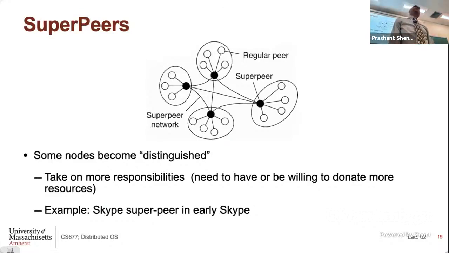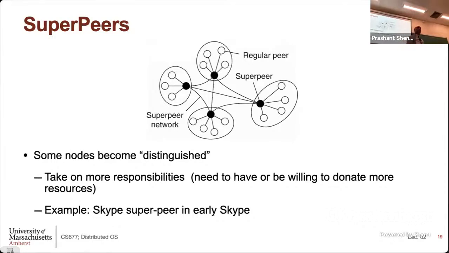The super peers were tracking where users were logged in. If you want to make a Skype call, because everything is peer-to-peer, you have to track down where your friend's machine is. In this case, the peer-to-peer system is not tracking content. It's simply tracking each user: are they logged in and what is their IP address. So if you want to place a call, you can directly connect to that machine and make that call.